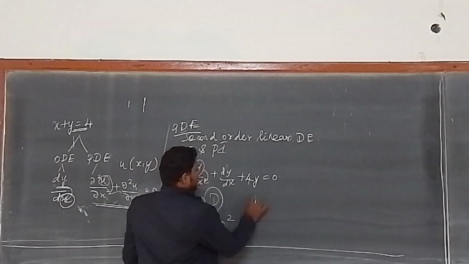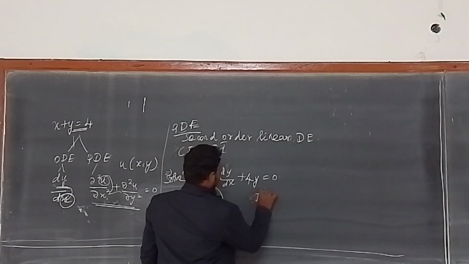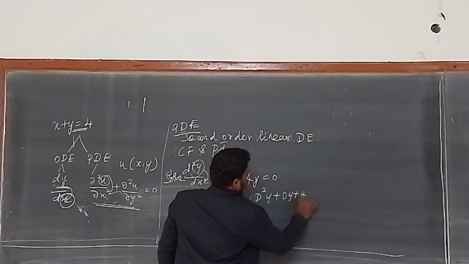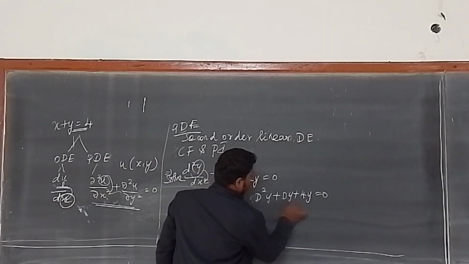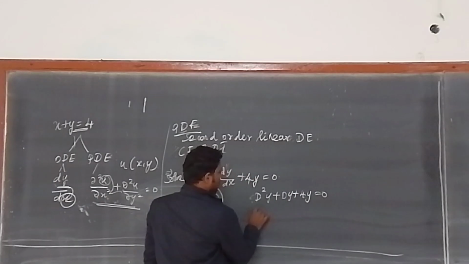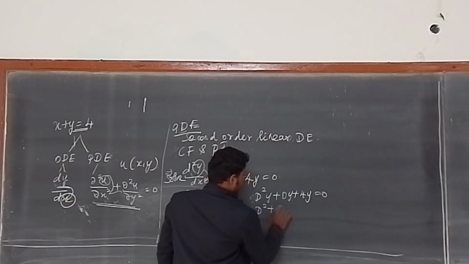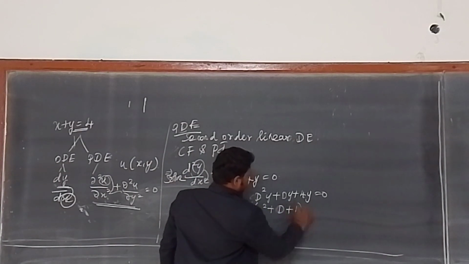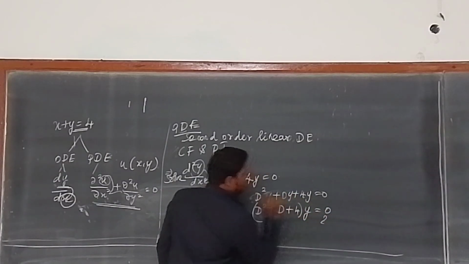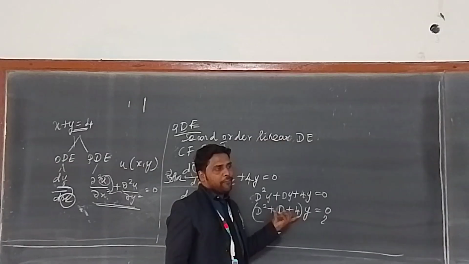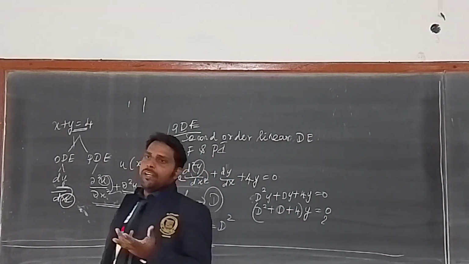First of all, applying D, we get D²y plus Dy plus 4y is equal to 0, that is, (D² plus D plus 4)y is equal to 0. After writing the differential operator form, we have to find the complementary function.